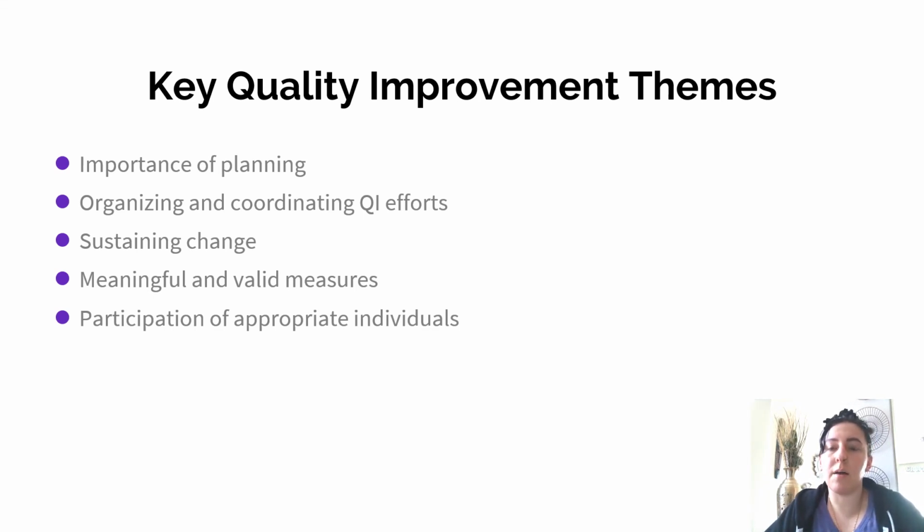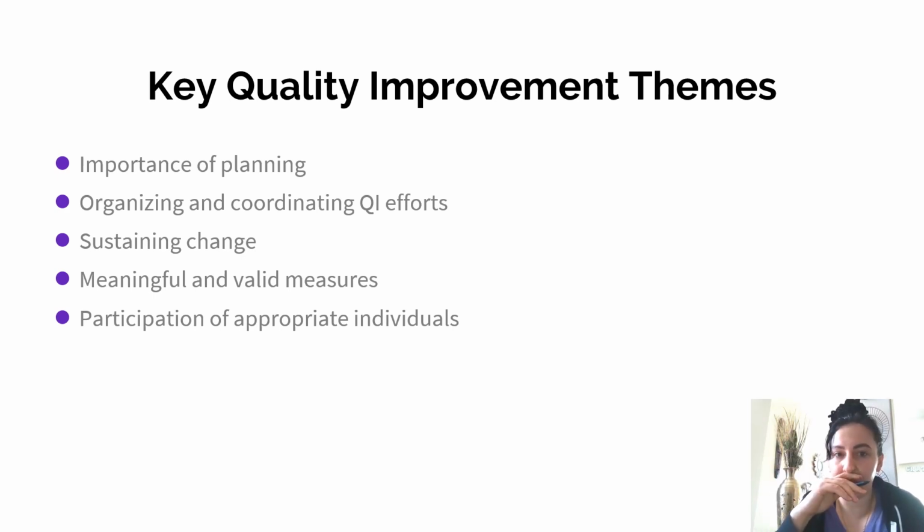So some important themes in all quality improvement models are the fact that they all emphasize the importance of planning. Okay. You probably saw in each one of those different models, planning is probably the first step. You have to figure out where you are and plan out how you're going to get to your goals.